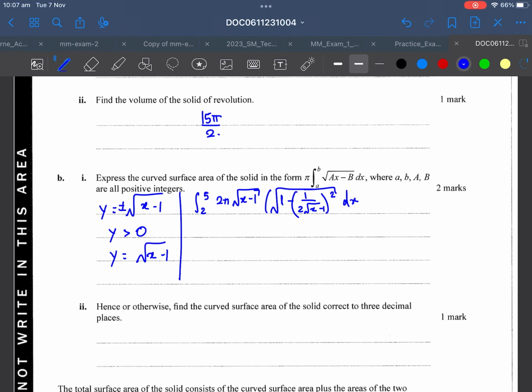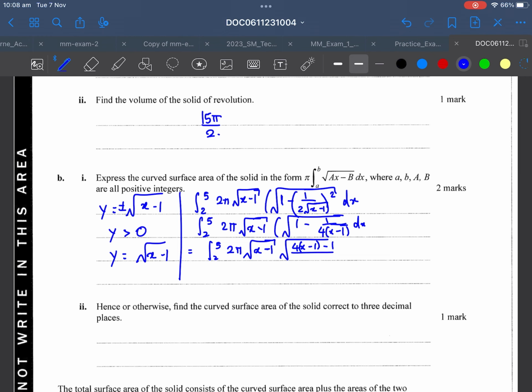Okay, so continuing, the integral from 2 to 5 of the square root of x minus 1, and then let us simplify this, so 1 plus 1 on 4(x minus 1), dx.